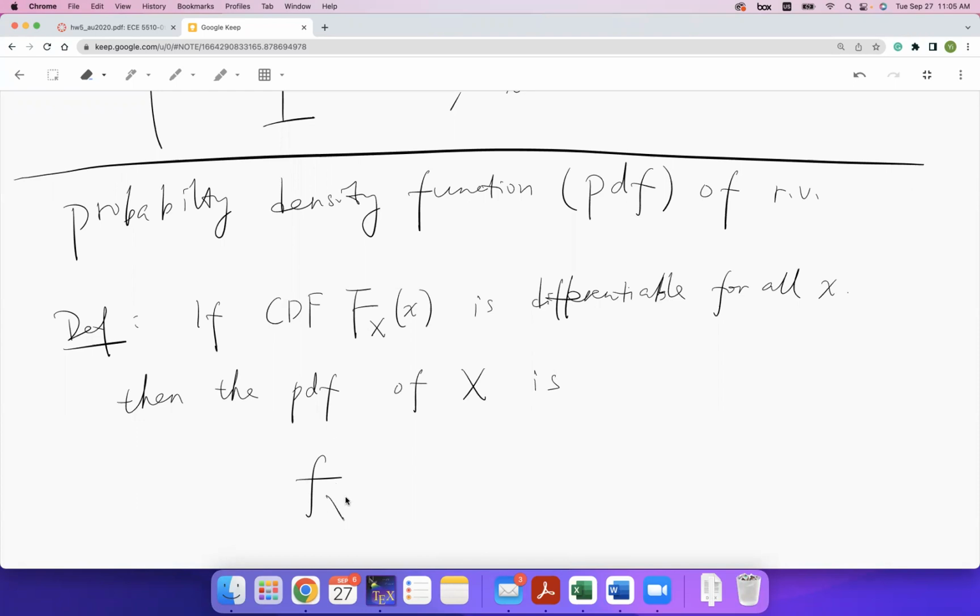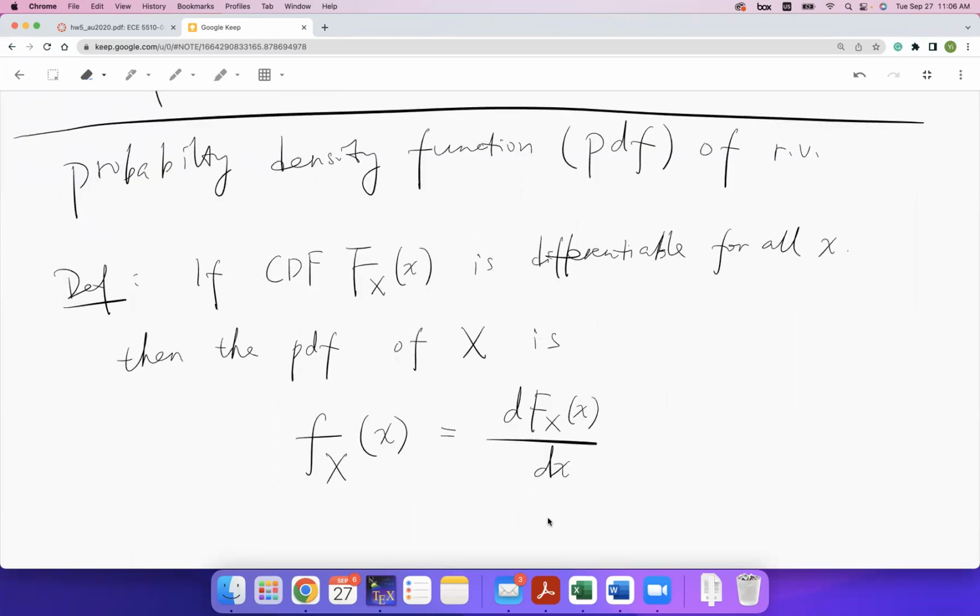So it's f associated with random variable X, and this small x is the parameter. Now this probability density function at x is defined as the derivative of the CDF at x. It's a very simple definition.